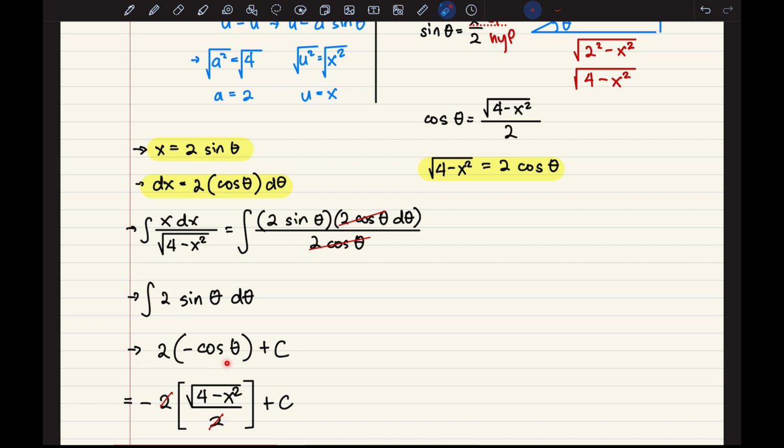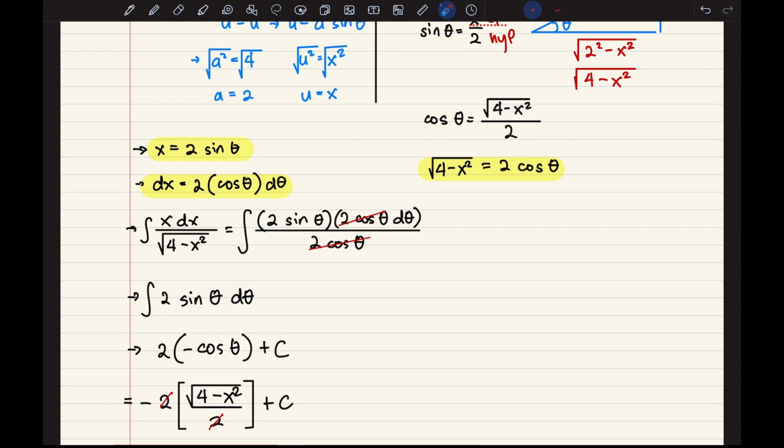We still need to convert this into its corresponding x variables. Since the original function that we need to integrate is in terms of x, our answer should also be in terms of x. From our substitutions, cosine theta is equal to the square root of 4 minus x squared over 2.